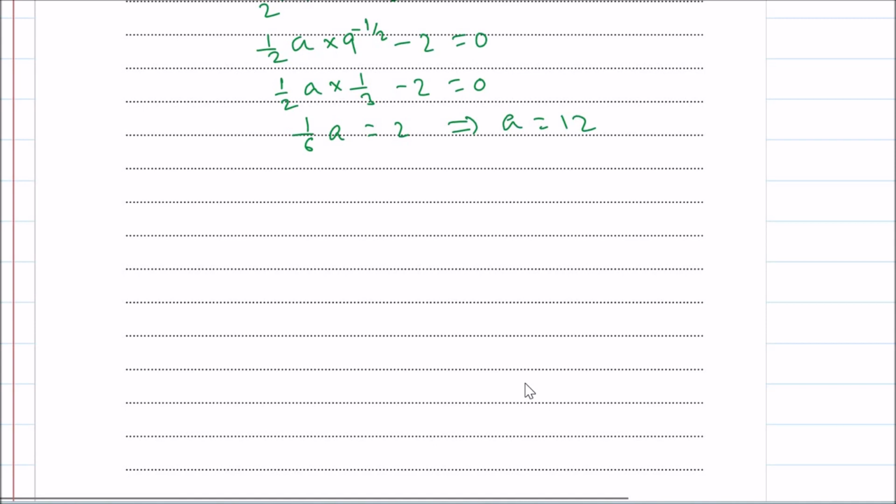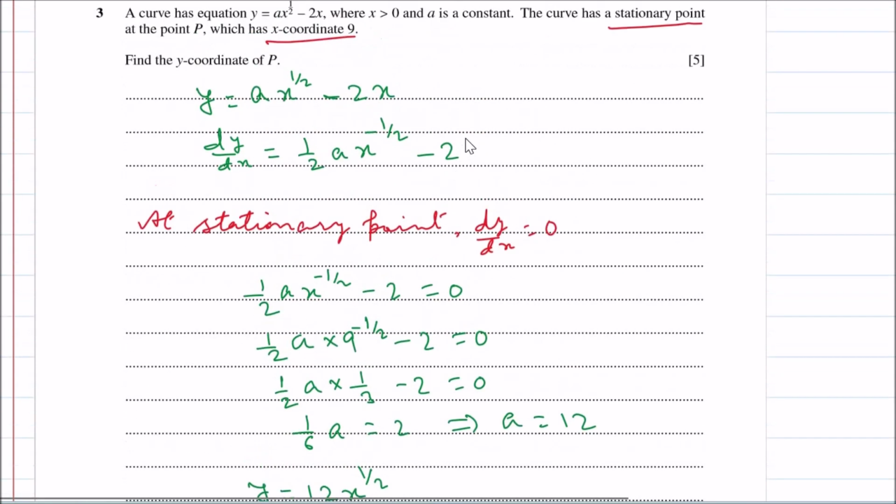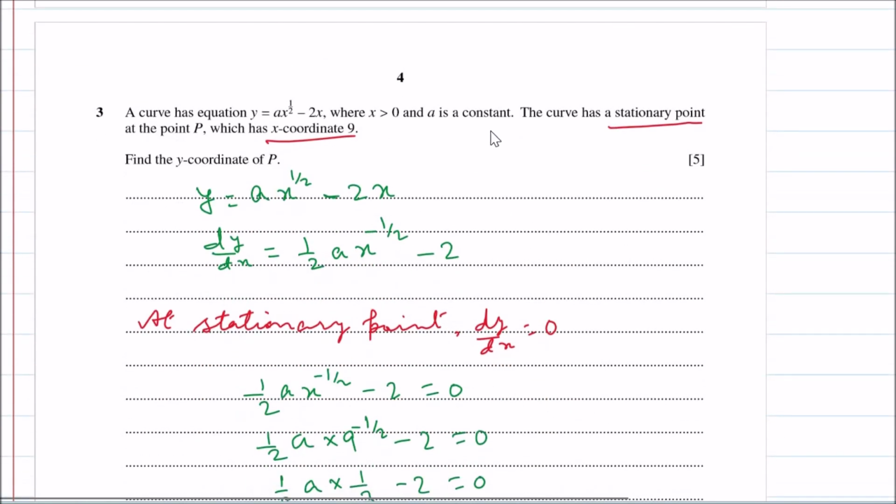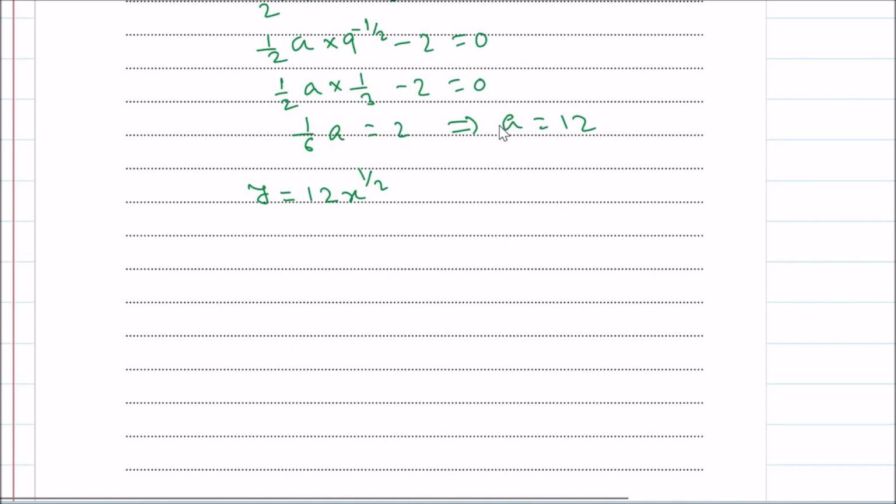Now we'll substitute this value in the equation of the curve. So we get y equal to 12x to the power half minus 2x. This is the equation. Now we have to find the y coordinate when x is 9. So we'll substitute x equal to 9 here.